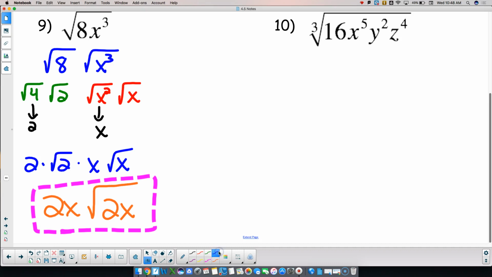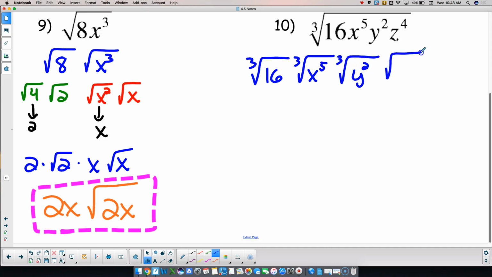Okay, so this is going to be the cube root of 16 times the cube root of x to the 5th times the cube root of y squared times the cube root of z to the 4th. Right? So, cube root of 16 is going to be the cube root of 8 times the cube root of 2.